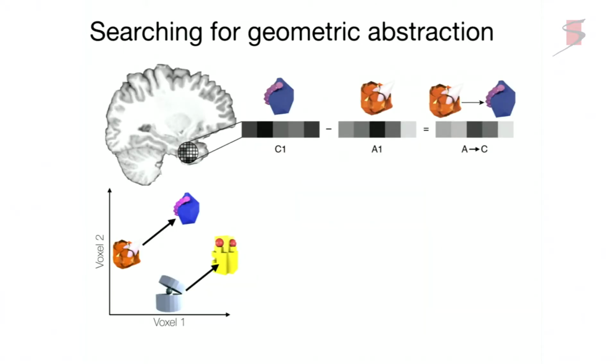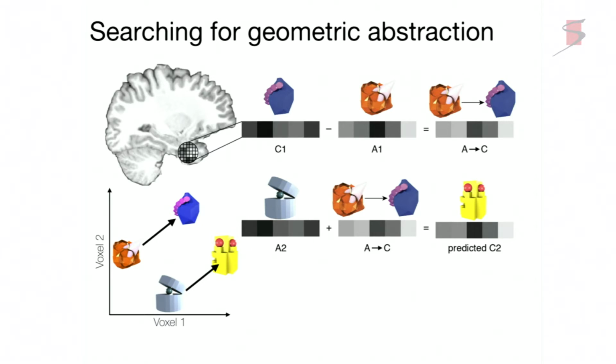And that's indeed what we do. We do searchlight analyses where we take the representations of C and subtract out the relationship for A for some of our triads, and we get a vector space that determines their relationship to one another. Then we take that to a new A element and add that predicted vector to get where we think the corresponding C should be. We look for regions in the brain that actually show this kind of representation.